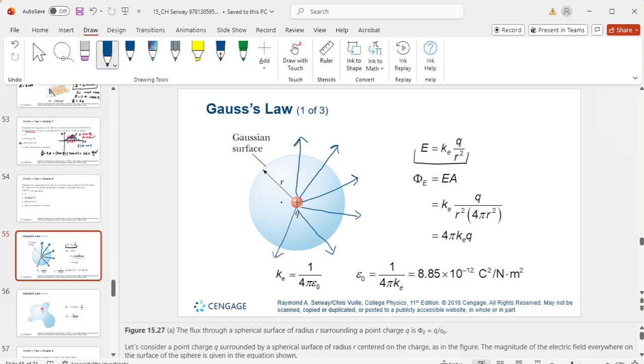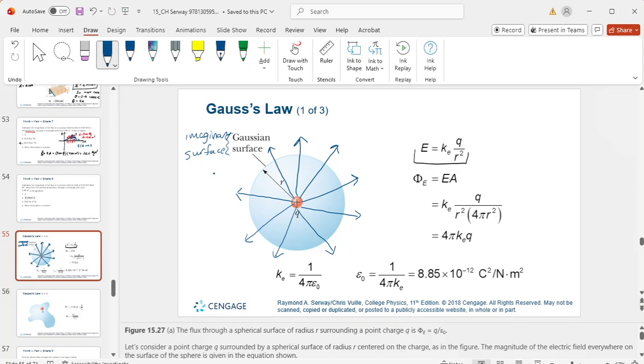And so what you can do is draw an imaginary surface. In this case, we call this a Gaussian surface. It is not a physically real thing. It is just an imaginary surface.